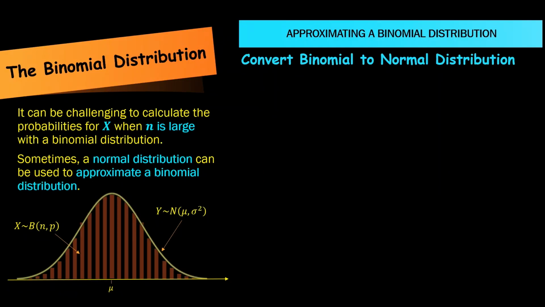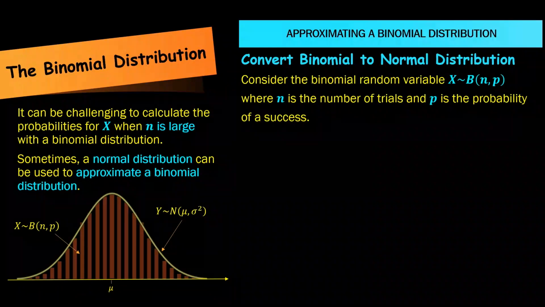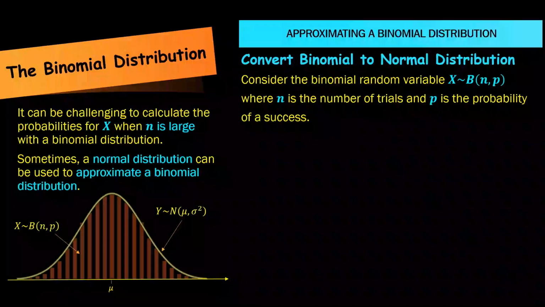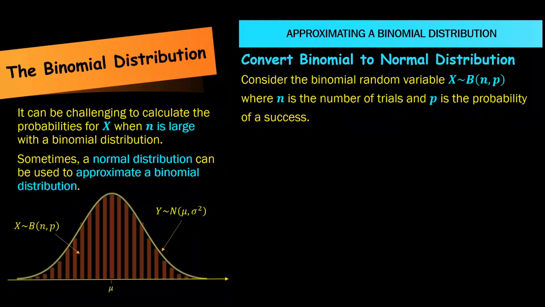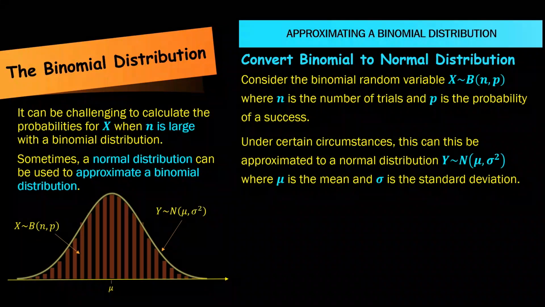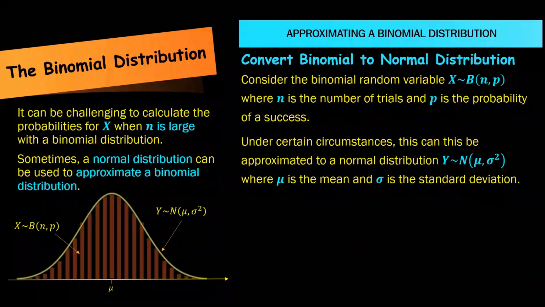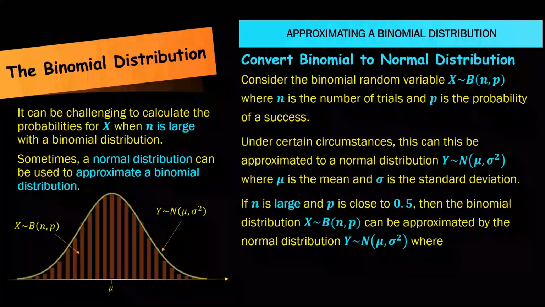So theoretically, how do we convert a binomial distribution to a normal distribution? Let's consider the binomial random variable x distributed binomially with number of trials n and probability of success p. Under certain circumstances, this can be approximated to a normal distribution y, distributed normally with mean mu and variance sigma squared.